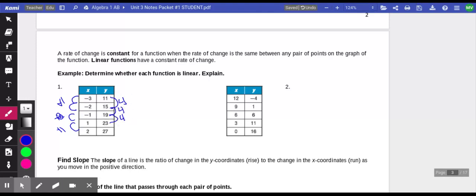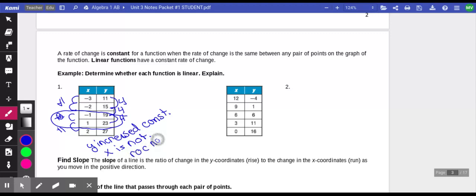So right here, I know that this is not linear because while the y increased constantly, x did not. Therefore, the rate of change is not constant. So it's nonlinear.